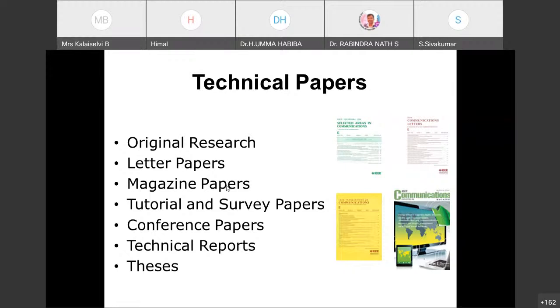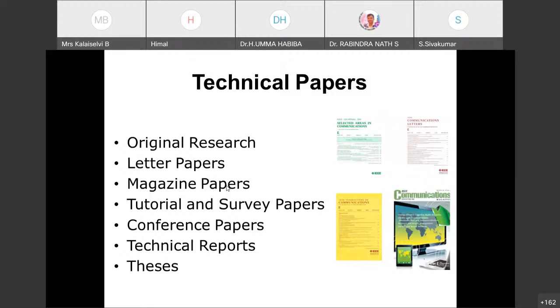Sometimes we call them full journal papers or transaction journal papers in IEEE and so on. And also they report some type of a comprehensive set of results, normally which have been obtained over the course of a long period of time.